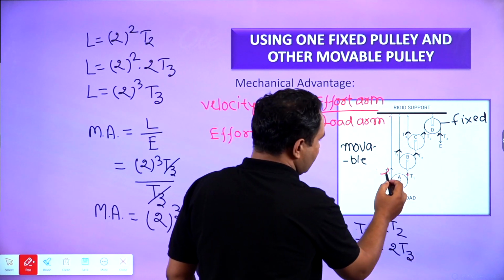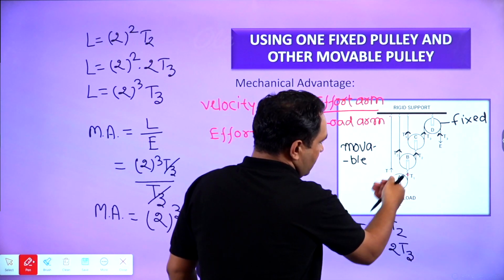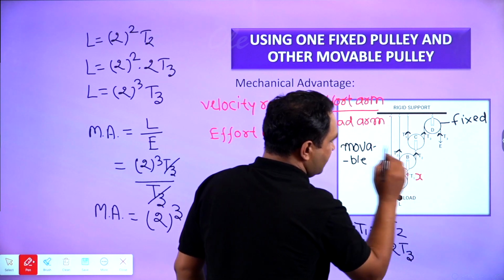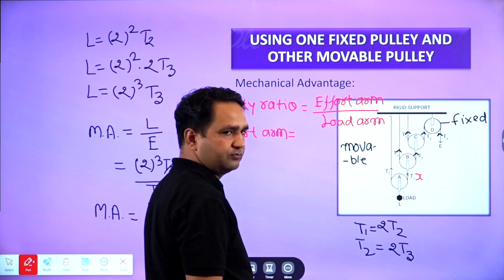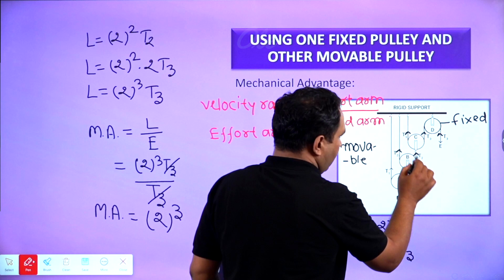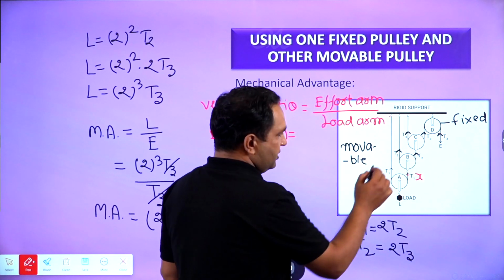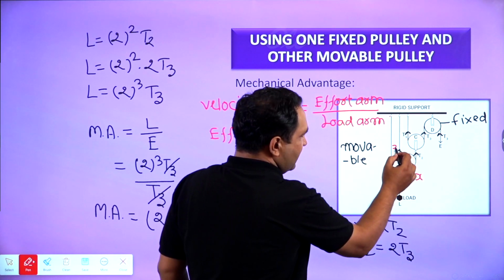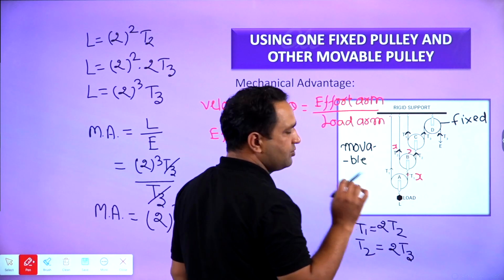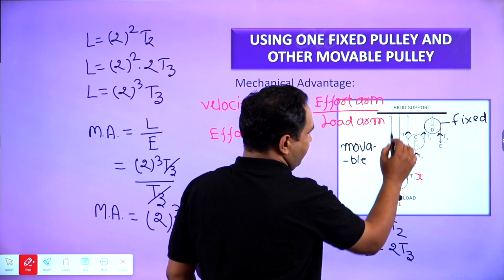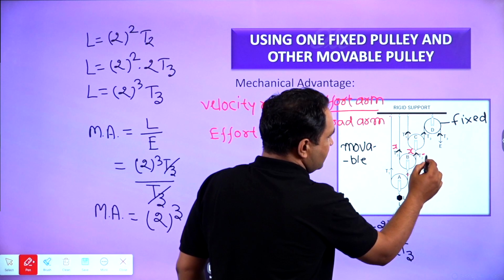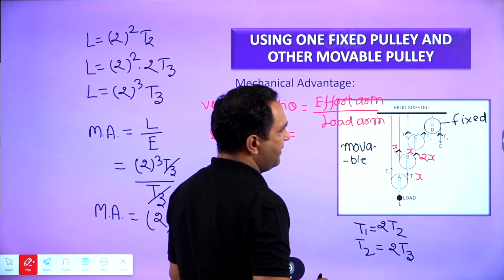So, x by 2 was there. Hence, it will be x displacement at this side. Now, on the pulley B, the displacement would be x here and x here, but since this is fixed, here the displacement will be 2x.